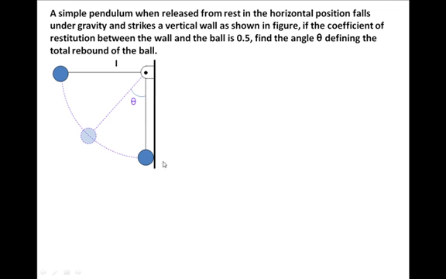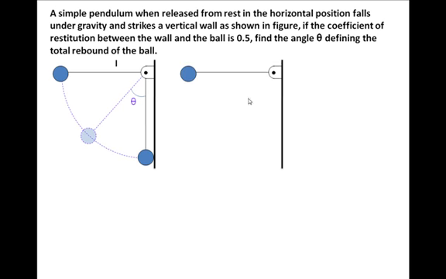It will fall down and hit the wall, and then it will rebound. What they are saying is, if the coefficient of restitution between the wall and the ball is 0.5, we want to find the angle theta defining the total rebound of the ball. So what they are asking is, up to what angle it will rebound. That's the question. They want to know theta.